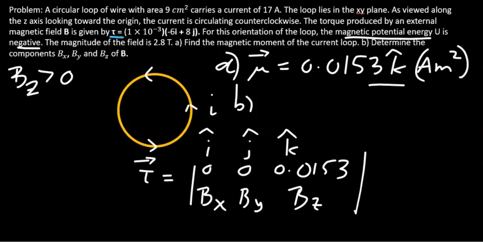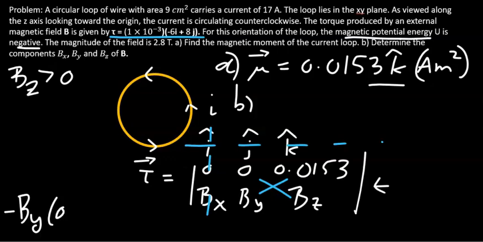We are given the expression for torque. It's just that. So let's cross out the I in two mutually perpendicular directions to get the x component of the torque. That is this times this minus this times that. So the x component of that torque, according to this expression, is minus By times 0.0153.